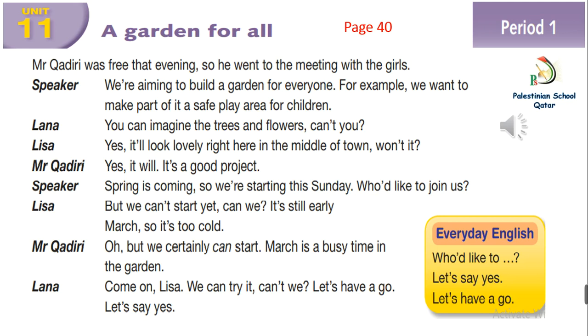Spring is coming, so we're starting this Sunday. Who'd like to join us? But we can't start yet, can we? It's still early March, so it's too cold. Oh, but we certainly can start. March is a busy time in the garden. Come on, Lisa. We can try it, can't we? Let's have a go. Let's say yes. Okay. Yes. So I will come with you.